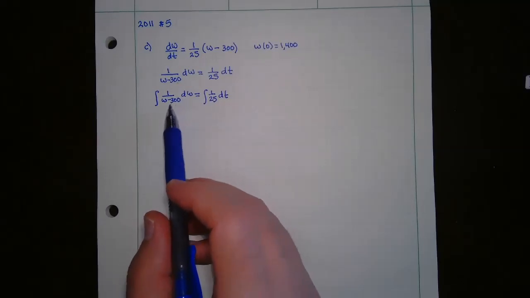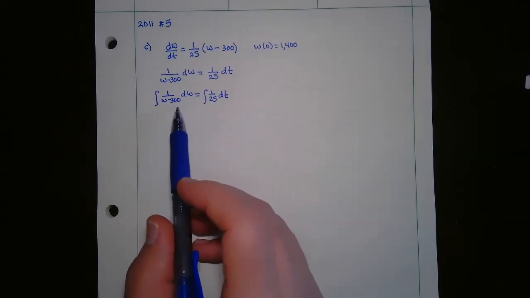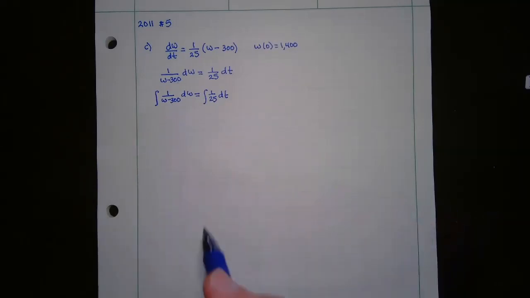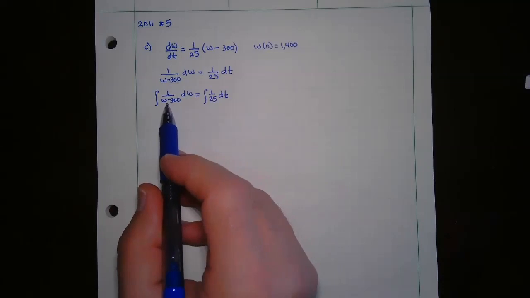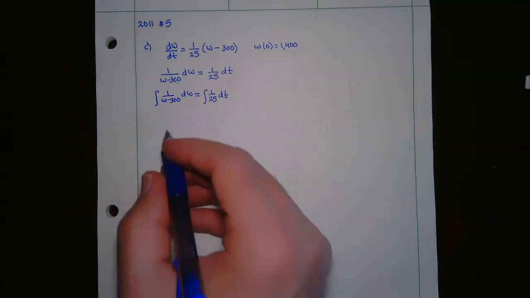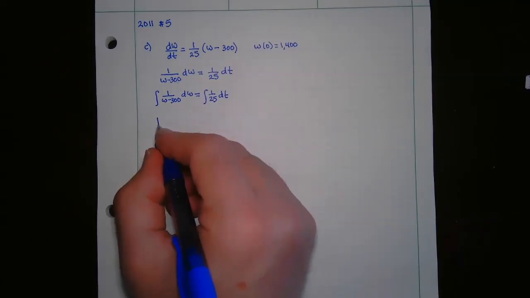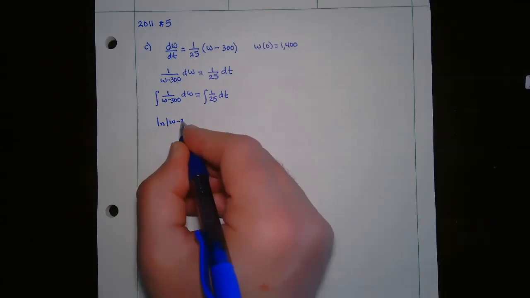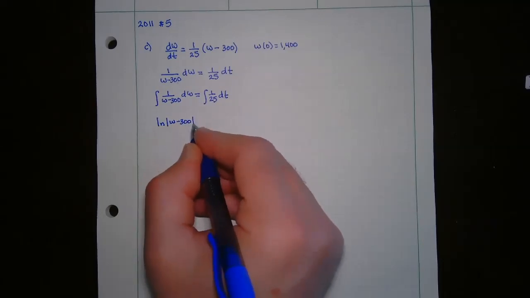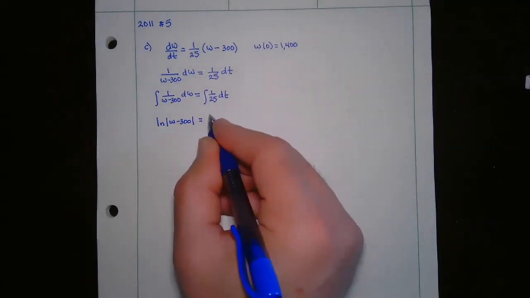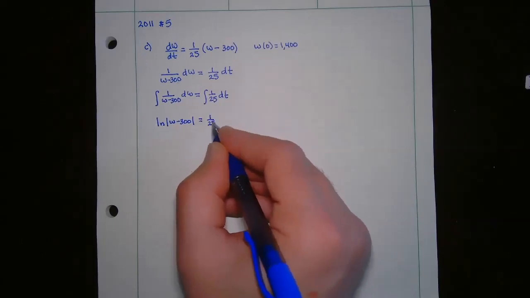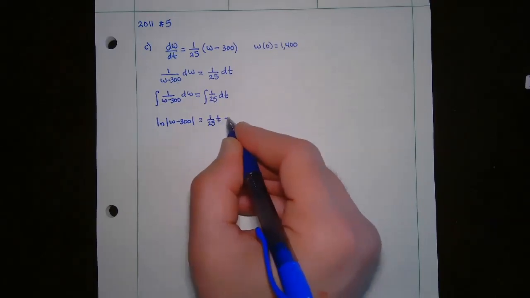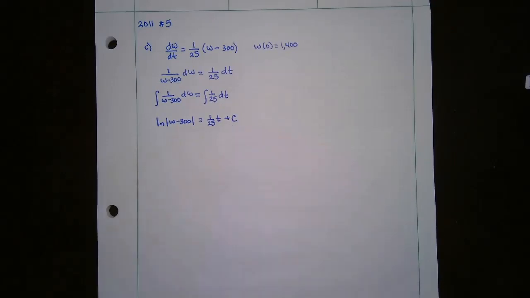We really don't need to do the substitution, but you can if you want to; it wouldn't be wrong. This side is just going to be the natural log of the absolute value of W minus 300. So this becomes the natural log of the absolute value of W minus 300 is equal to 1 over 25 t plus some constant C.